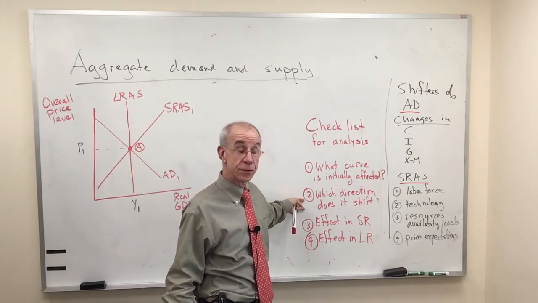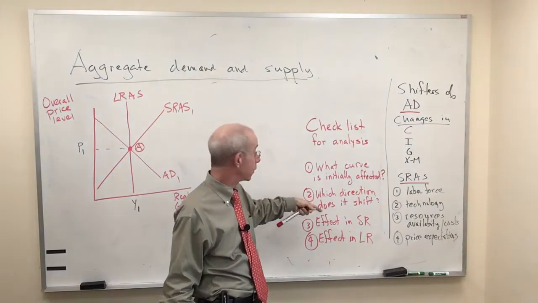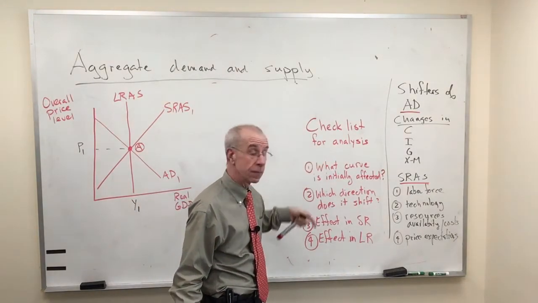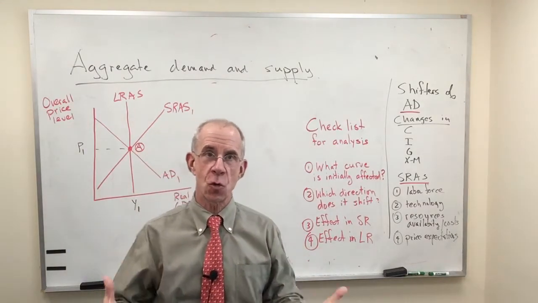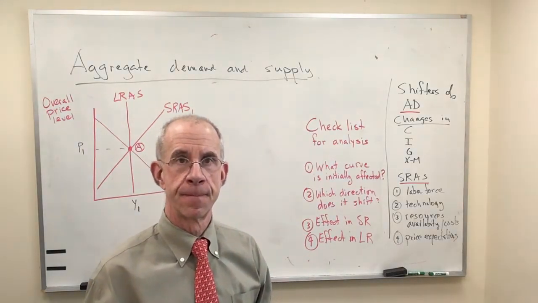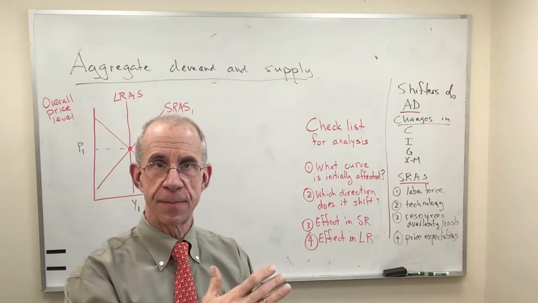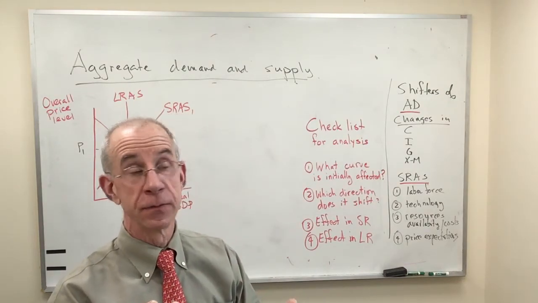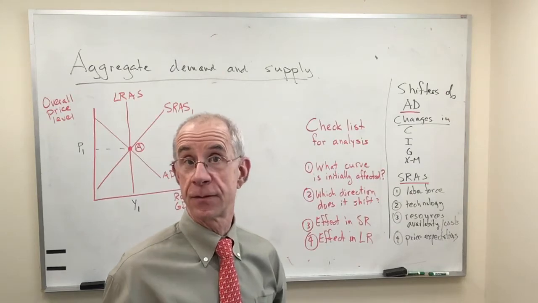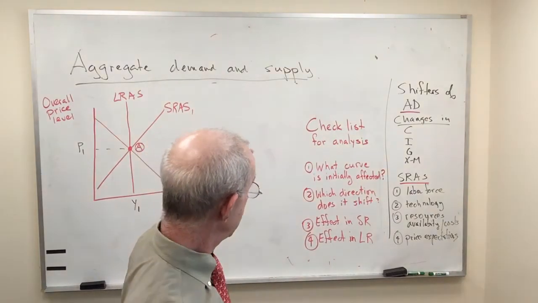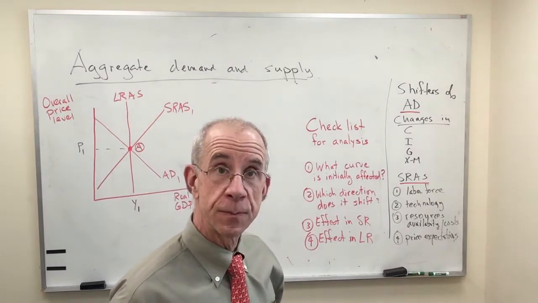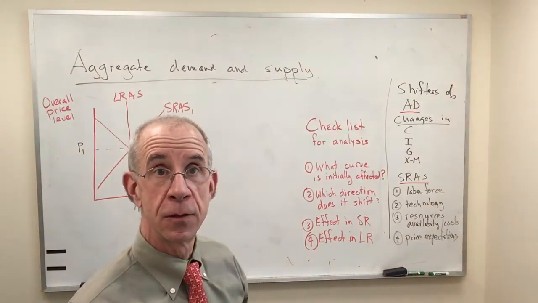Which direction does that curve that's affected in the first step shift? Then look at the effects in the short run using the aggregate demand and short-run aggregate supply curve, and then look at the effects over the long haul. If you follow this procedure, you should be in good shape.